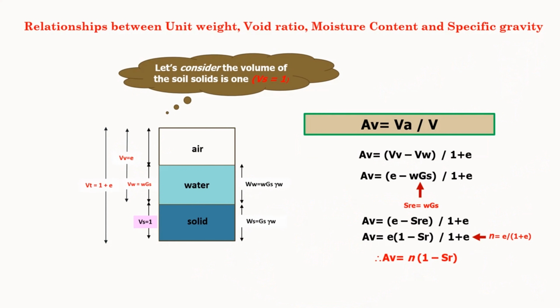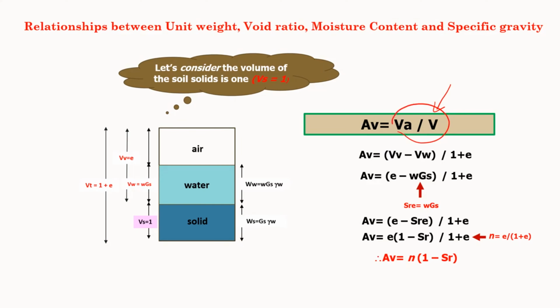Okay, next, let's discuss the other equations that we can use for other index parameters. In this case, we discuss the air void content equation. This is the basic equation for air void content.